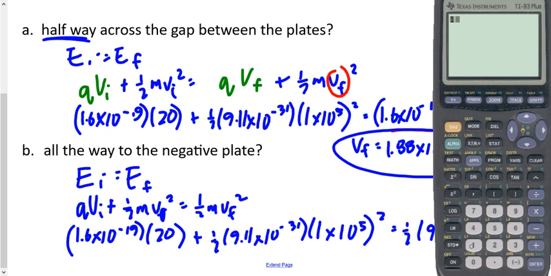Okay, let's calculate this. 1.6 times 10 to the minus 19 times 20. Let's add to that 0.5 times 9.11 times 10 to the minus 31 times 1 times 10 to the 5, squared. There's my number on the left side.